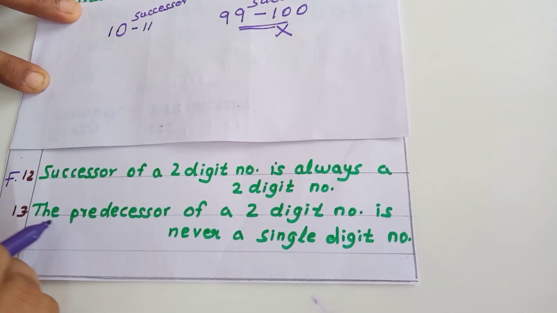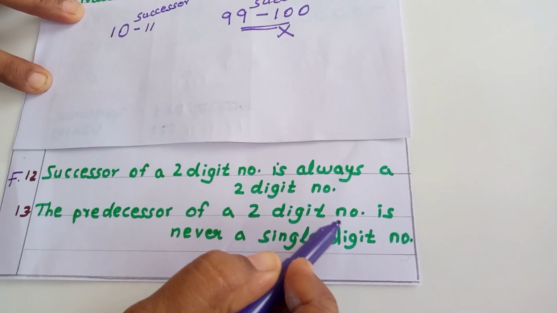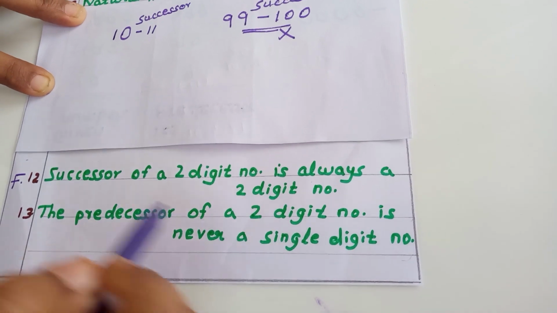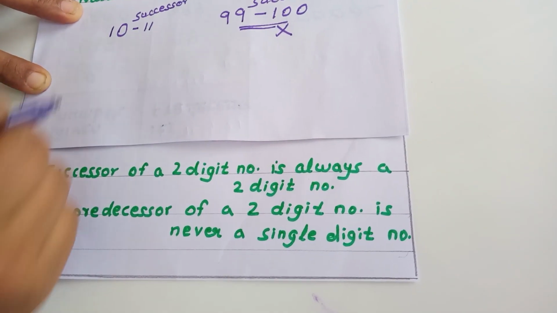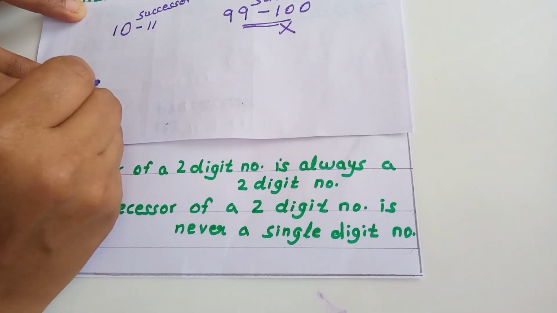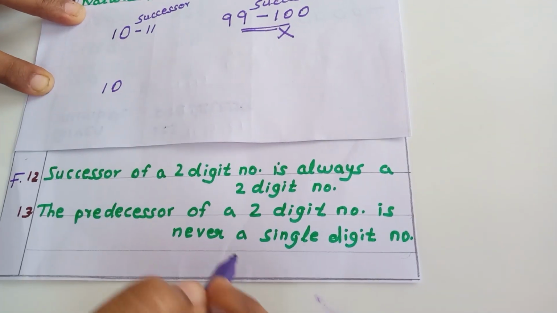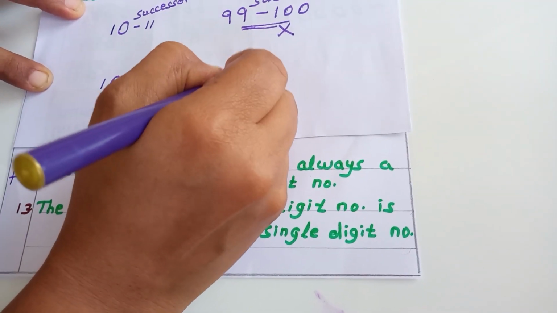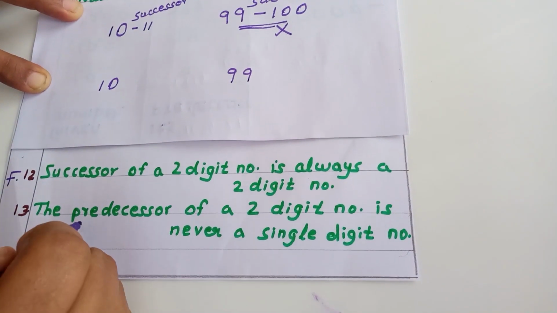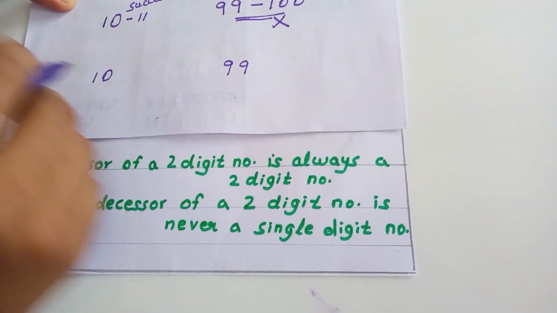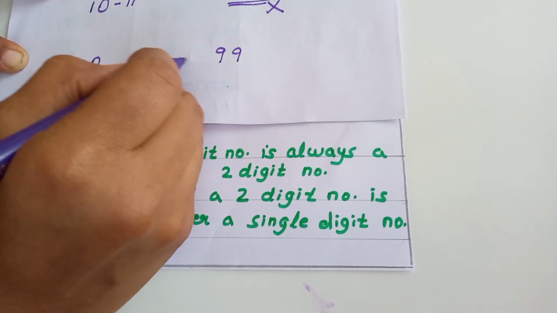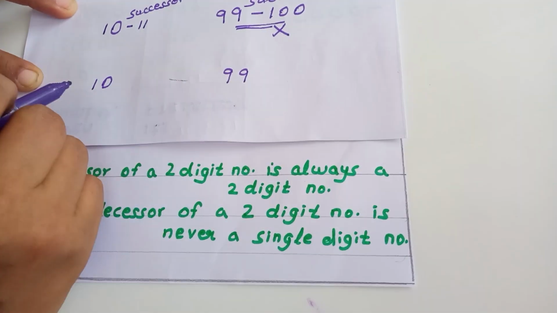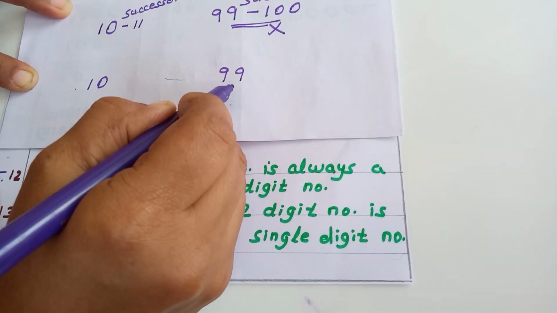Then again, the predecessor of a 2-digit number is never a single-digit number. Again, we can take the least 2-digit number, that is 10, and the highest 2-digit number, that is 99. Here we are asked to find the predecessors of each. In between there are many 2-digit numbers. You can check each and every one. I am selecting only the least and the highest.